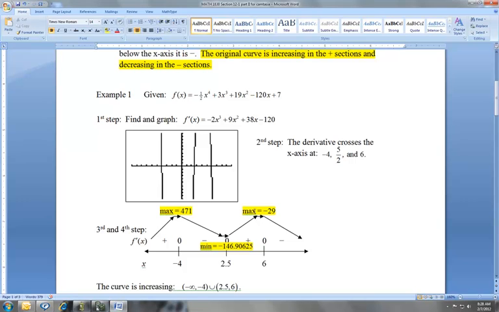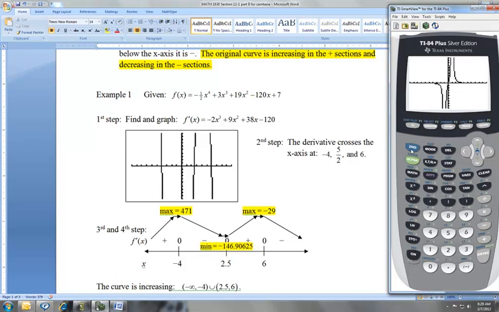Now, where did the max and min values come from? Well, guys, if at x equals -4, where I'm going to have a maximum on the original, well, if you store -4 in, type in the original, you'll come out with the 471. You do second quit. And this is how I store. I'm going to do my -4, storing for x, type in the original.